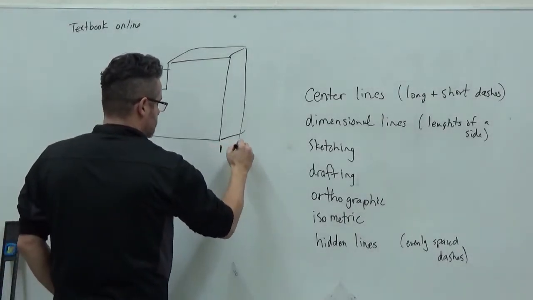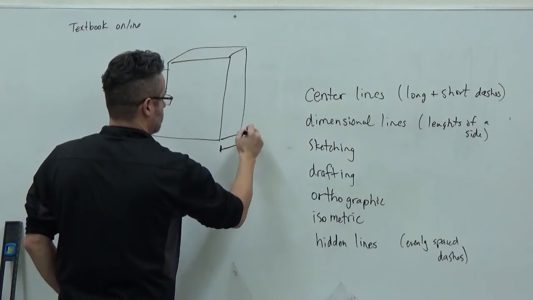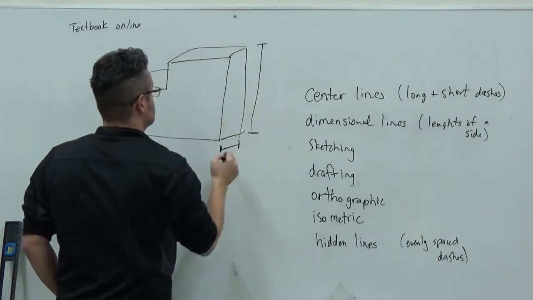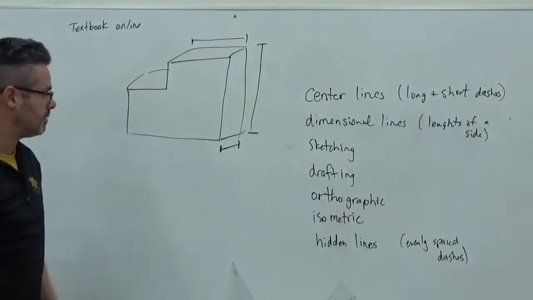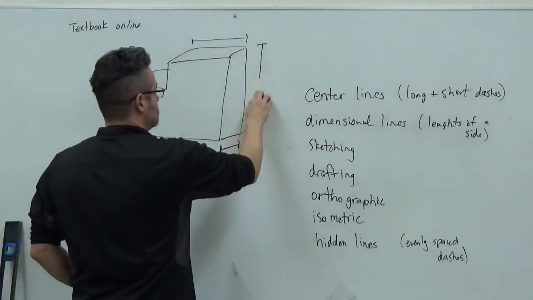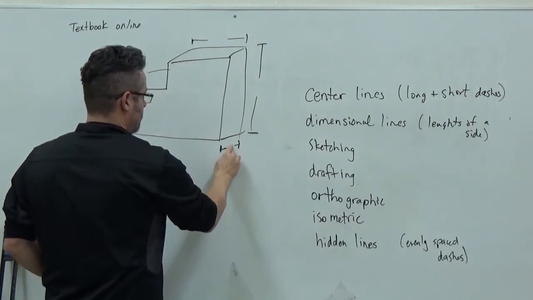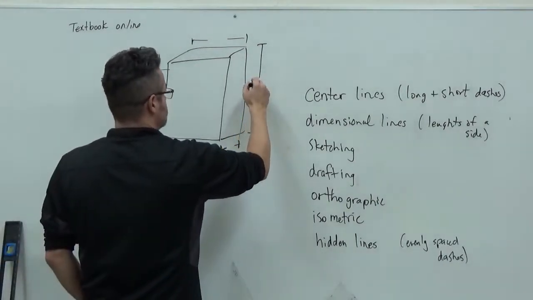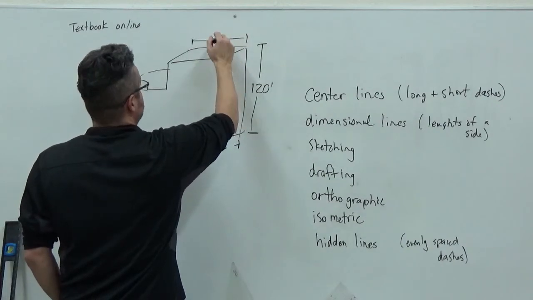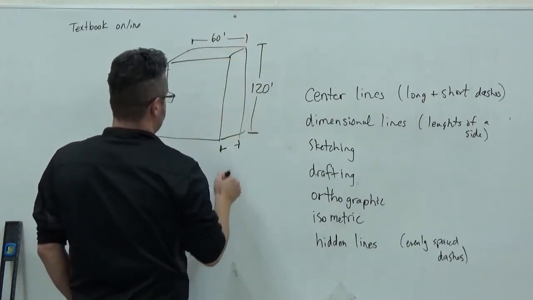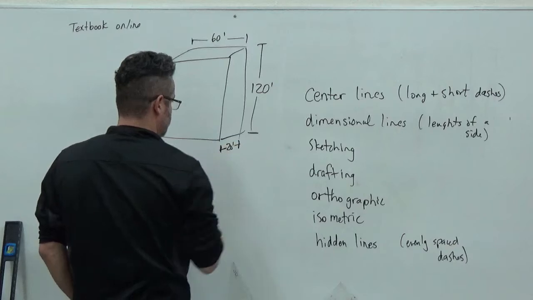So what is this length? What is this length? What is this length? These are going to be dimensional lines, and what you'll notice is that dimensional lines have a number. So maybe this is 120 feet, and maybe this is 60 feet, and maybe this is 20 feet.